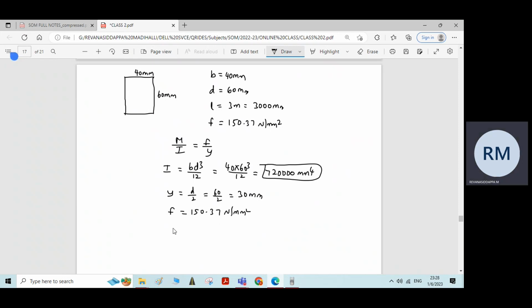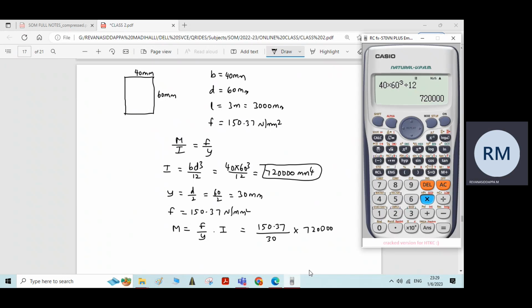Therefore, in this case, the moment becomes, or else I'll rewrite the equation. M is equal to F by y into I, which gives F is 150.37 divided by y is 30 into moment of inertia 720,000.